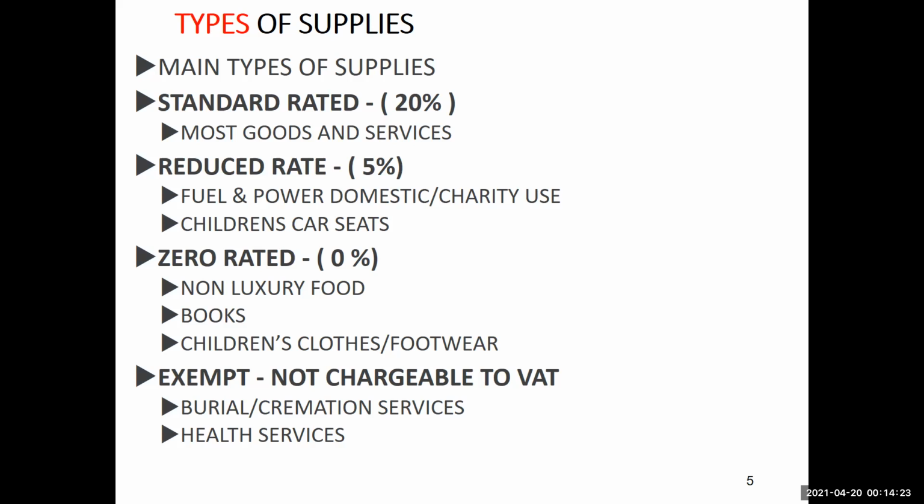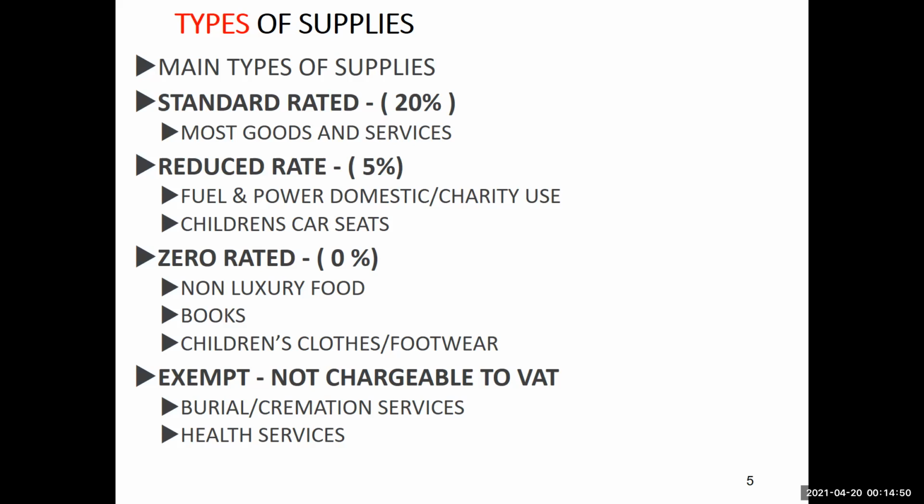Then the last aspect, which is normally not chargeable to VAT, are the exempt supplies, and they normally cover health services. Insurance will also fall under this, as we normally consider insurance to be anything in line with health and the safety of the person. We're also looking at burial and cremation services. So these are exempt from VAT.